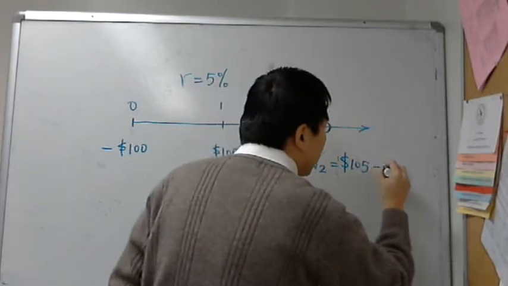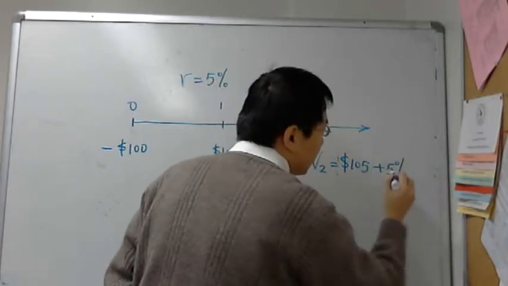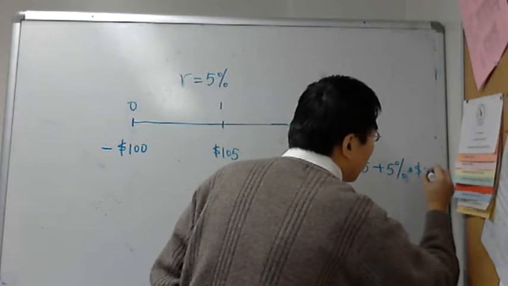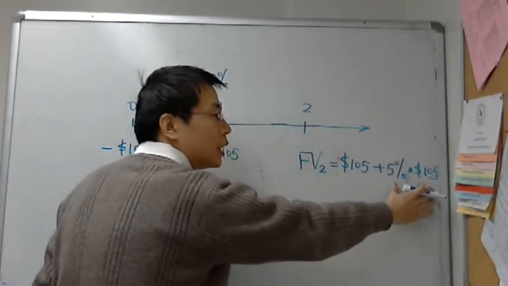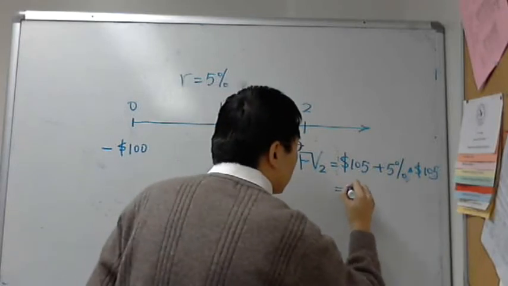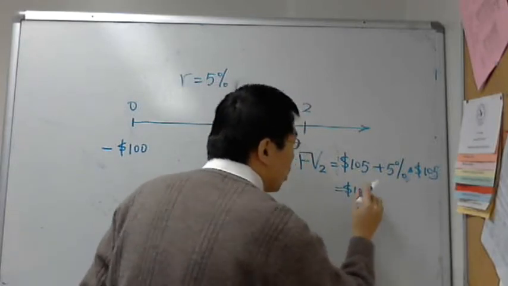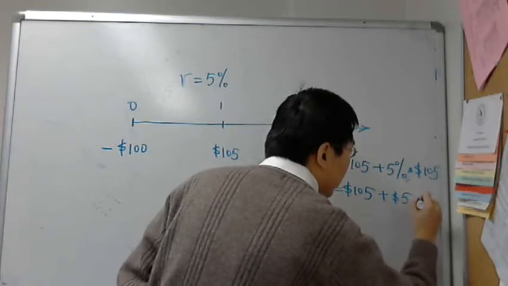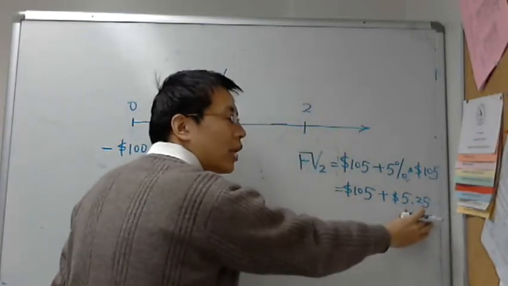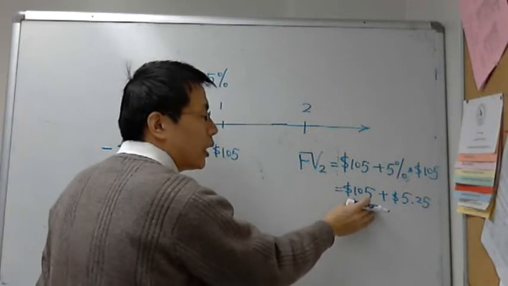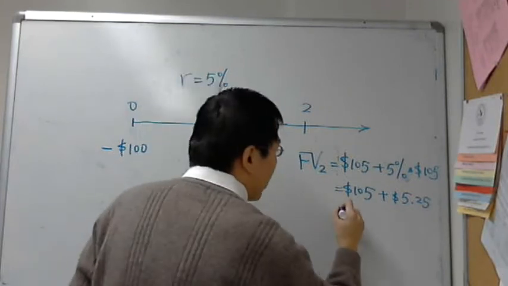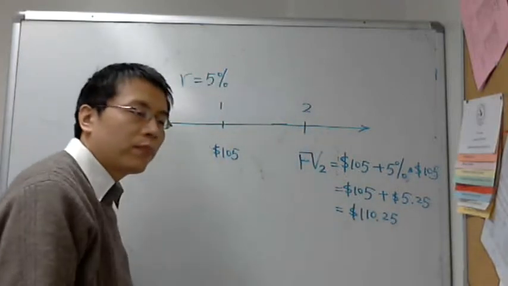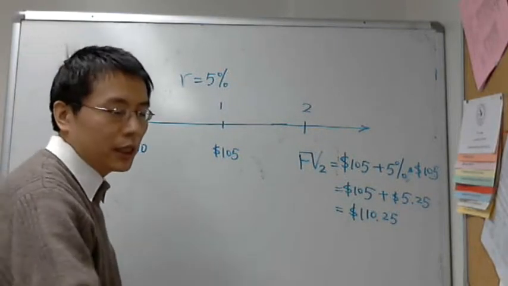And then the account pays 5% on the 105. So this is the interest. Now, the numbers: 105 beginning balance plus $5.25. So that is the interest generated by the beginning balance. We have $110.25.